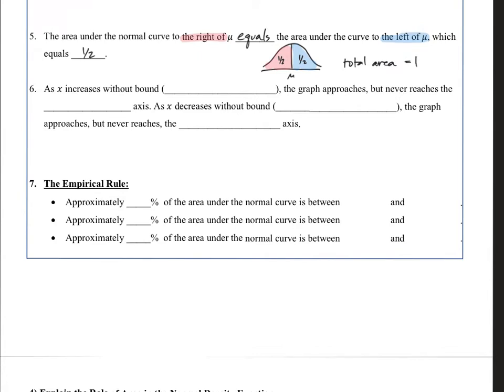Next thing to note. As x increases without bound, which also means it gets larger and larger, the graph approaches but never touches the horizontal axis. What does this mean? Well, let's go ahead and take a look again at the normal curve. So where would x be getting bigger and bigger?